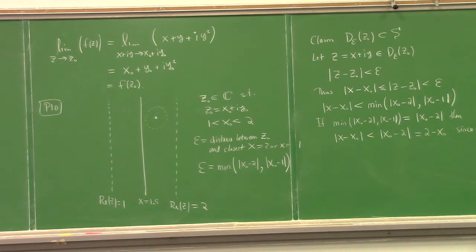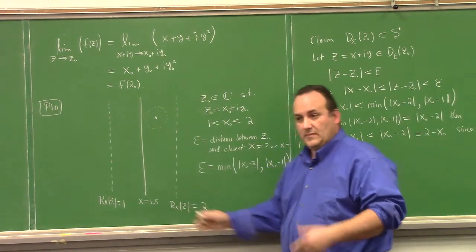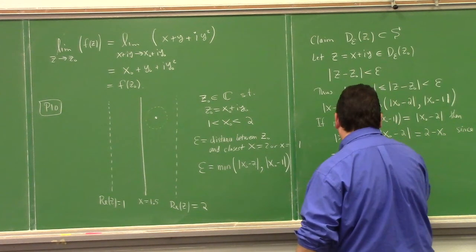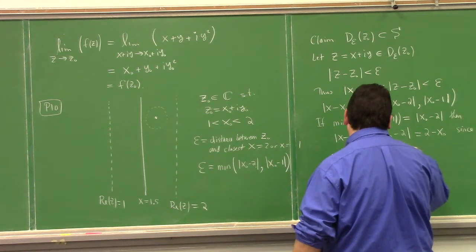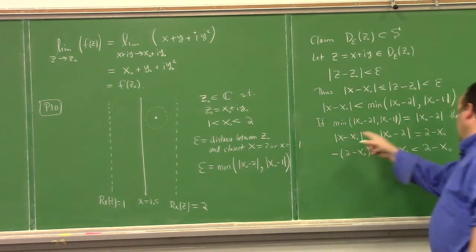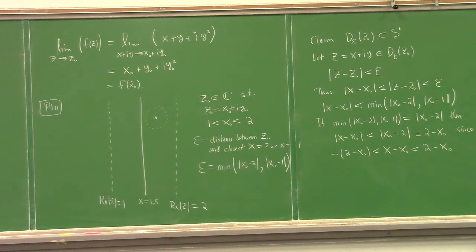So the minimum is equal to that, because 2 is beyond all of the x naughts, right? And so this gives us minus 2 minus x naught is less than x minus x naught is less than 2 minus x naught, because when we have an absolute value less than something, it unwraps into the compound inequality like so. Thank you, Math 101.